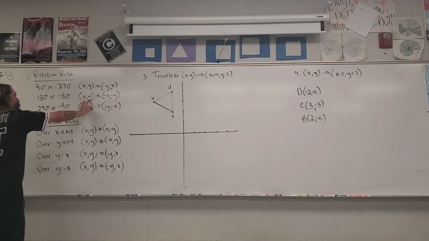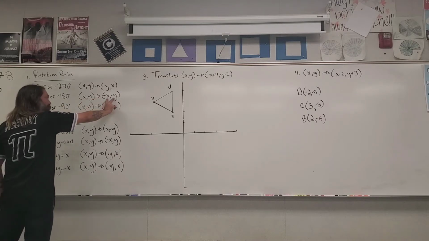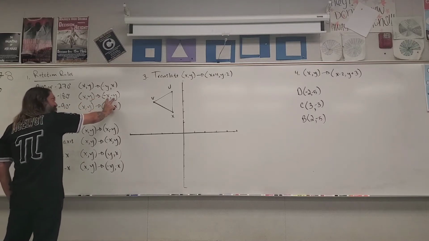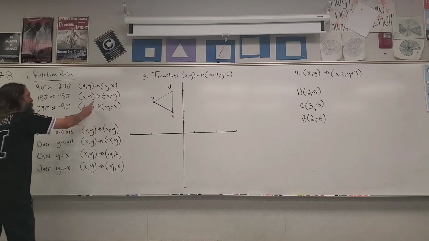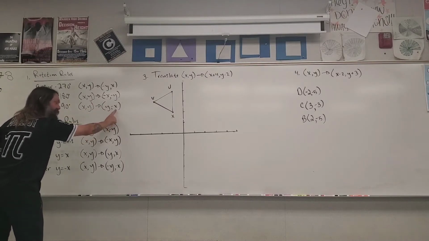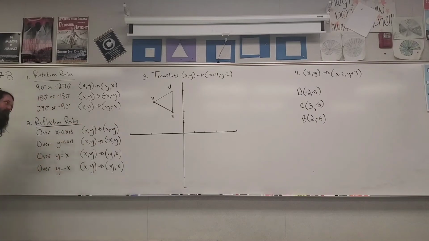And what we do is we take our coordinates, we keep the order the same, but we change the signs of the numbers. Our third rotation rule is 270 degrees or negative 90 degrees. And we take our coordinates, switch the order, and change the sign of the second number. Okay? Change the sign, that's what the negative means.